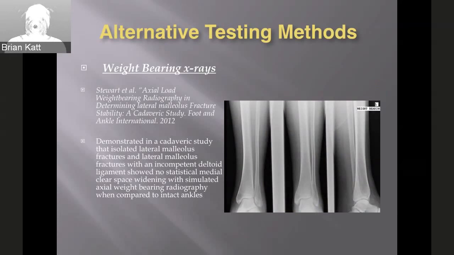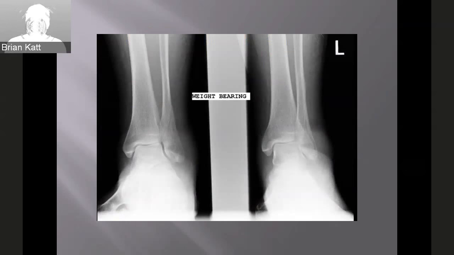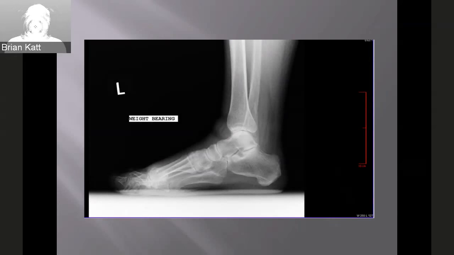But here's a case of a lady in her 80s that came in a few years ago with a kind of vague injury history. I had her take a weight-bearing X-ray, and you could see the fibular fracture here. I thought everything looked stable, didn't want to make a big deal of it. You can see the fibular fracture on the lateral view too. I let her start walking on it in a boot.